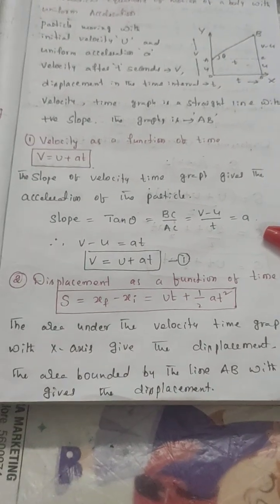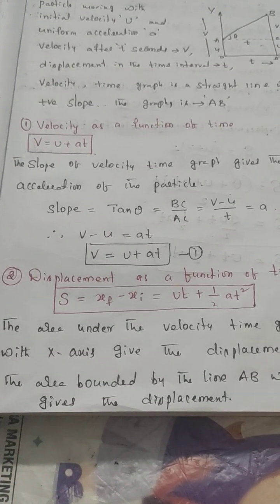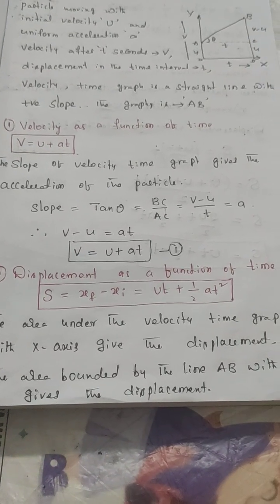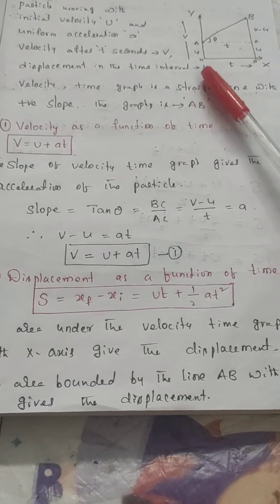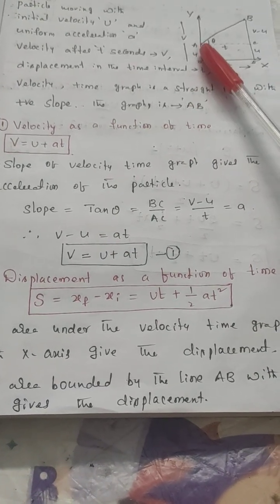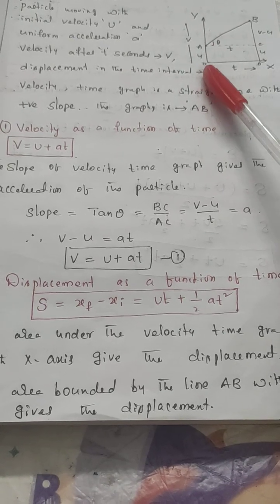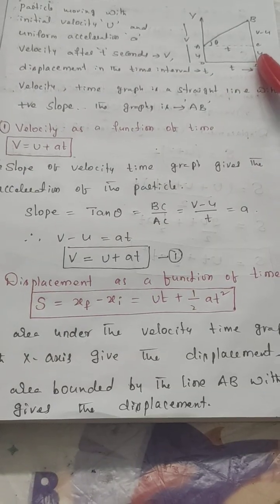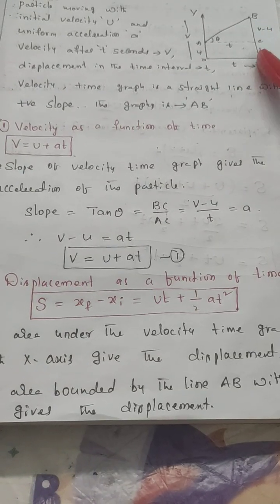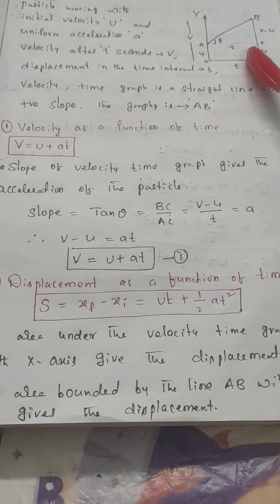That means the slope of a velocity-time graph gives the acceleration of the particle. Suppose we draw one horizontal line parallel to the x-axis, AC. ABC is a right angle triangle. Now tan theta means opposite by adjacent.